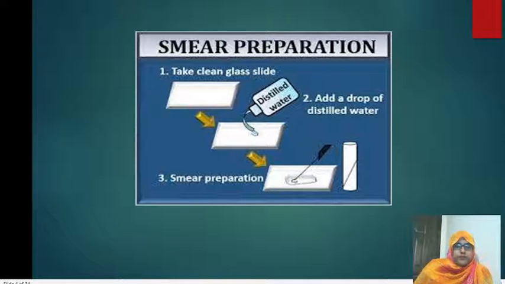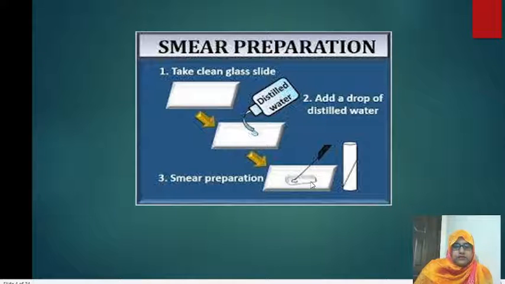This is smear preparation. We first take a clean glass slide. Then add a drop of distilled water there and put the inoculum here. Mix the loop containing inoculum with the drop of water, so both are mixed properly and a thin film is formed.